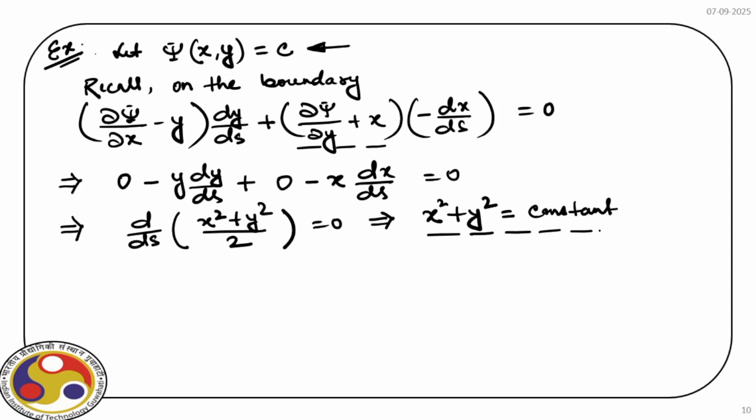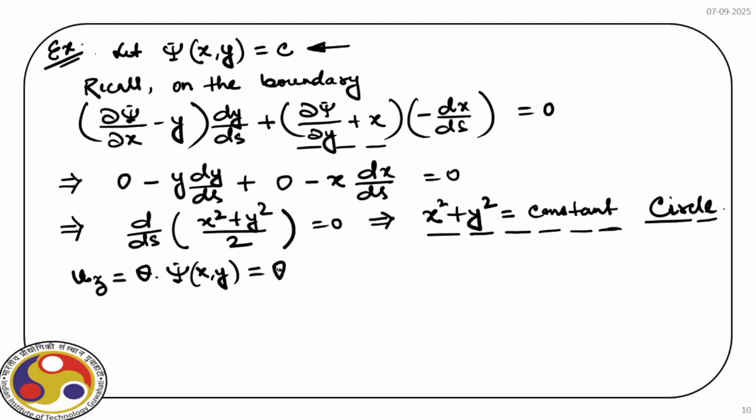And what is the geometry? It is the boundary of a circle. So if the warping function is constant, then the boundary that we get is actually the circular shaft, right? Now, what is uz? uz in this case, if you recall, is theta times psi of x comma y, right?